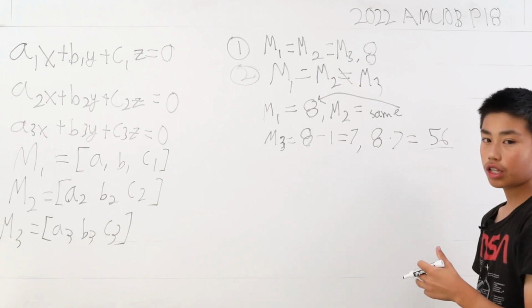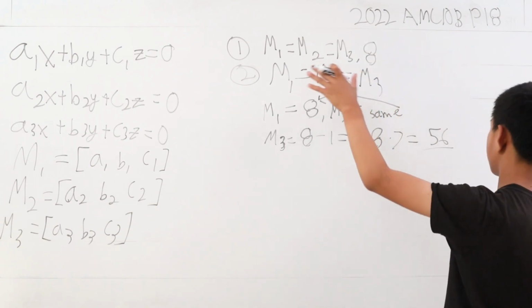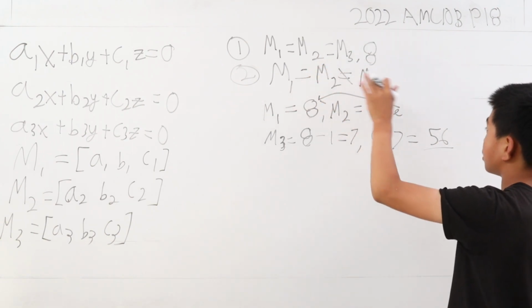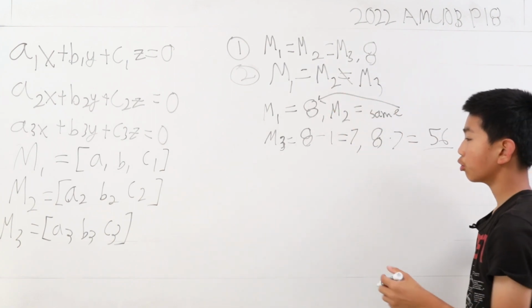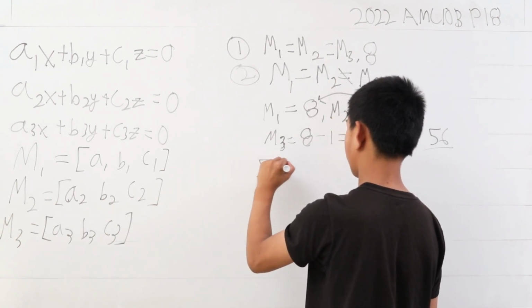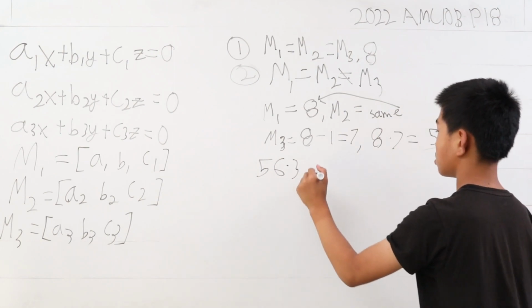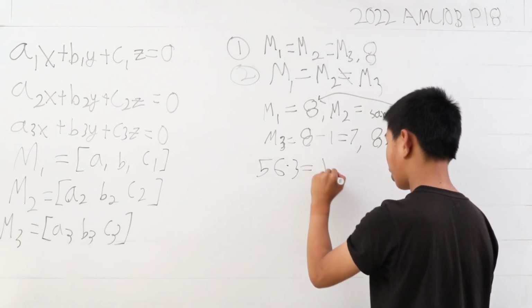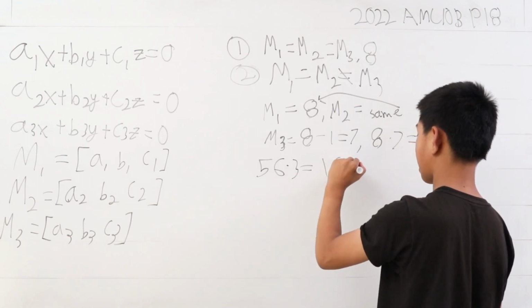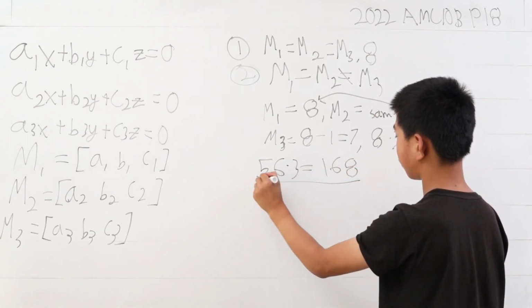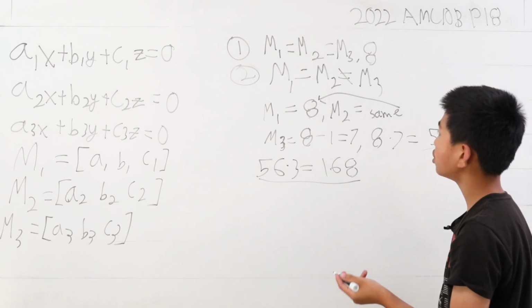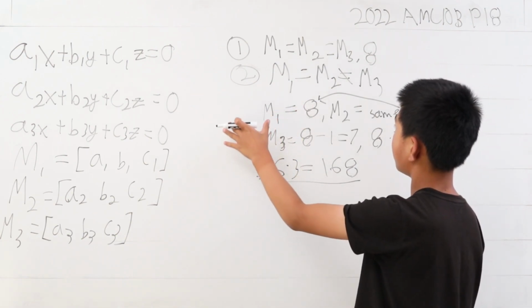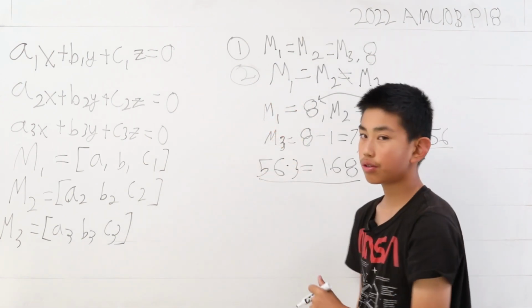These matrices can be switched around two more times, so we have to multiply by 3. So 56 times 3 is 168. So we have solved the second case.